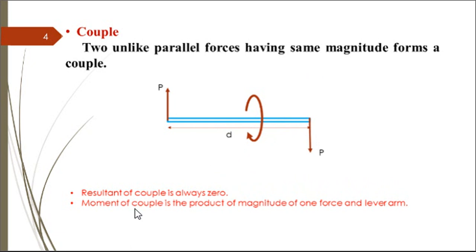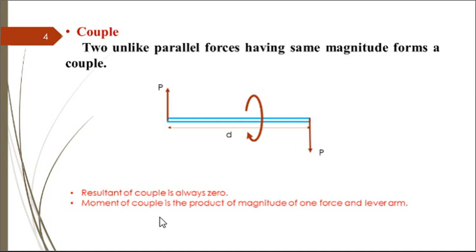Now in case of a couple, there are some important points, that is, the resultant of the couple is always 0, as this force is going upward, positive P, and this force is going downward, negative P. So P minus P, the resultant force is always 0.